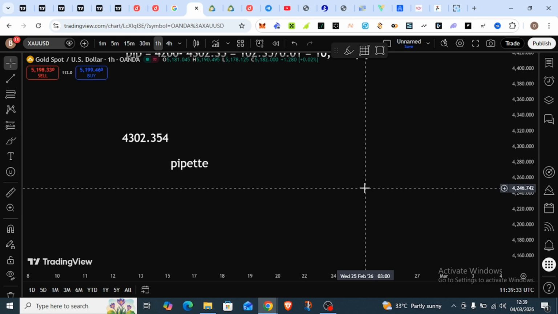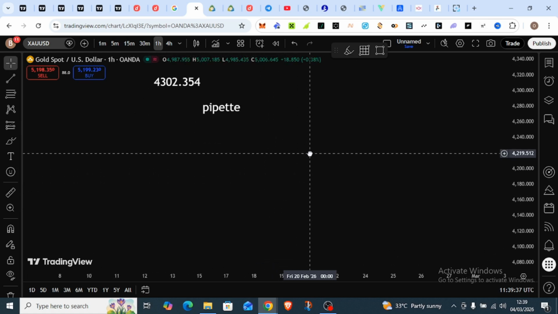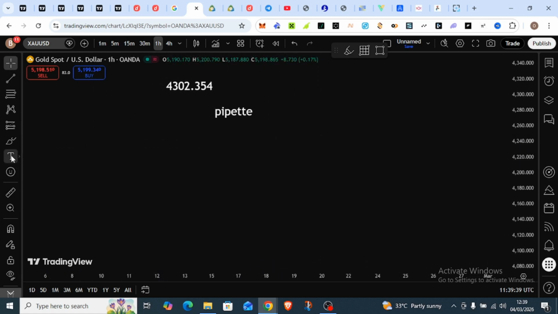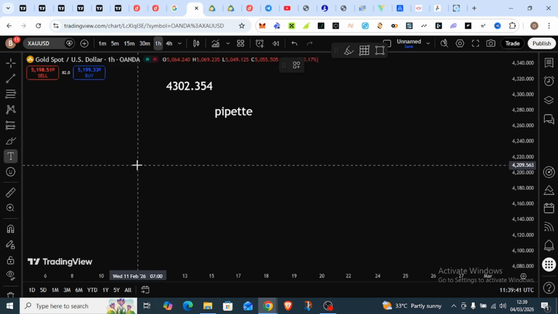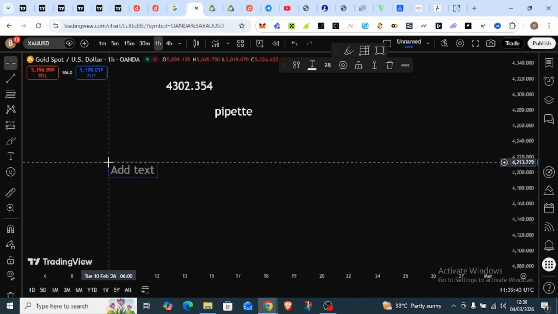The next thing for us to do now is how to find pip value. So pip value is equal to lot size. Let's write it out. Lot size, it should be in ounces.